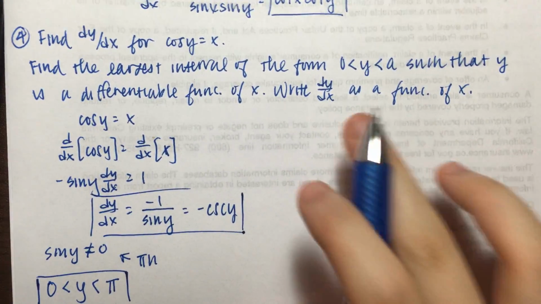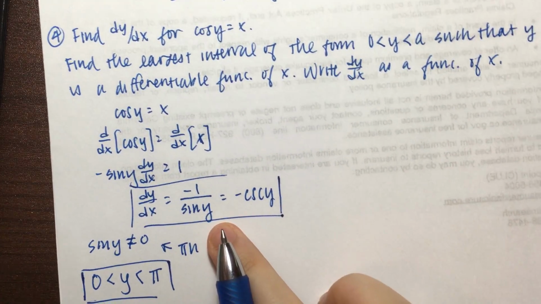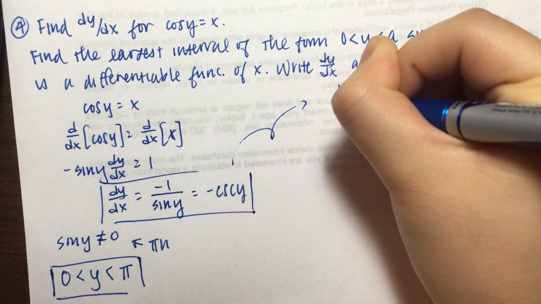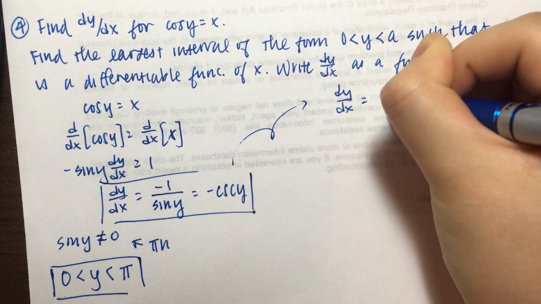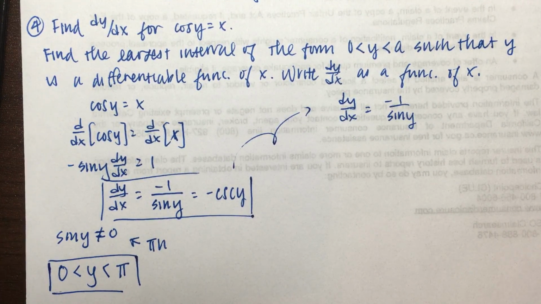Okay, now we're going to write dy/dx as a function of x, because right now it has a y in there. We have negative 1 over sine y. So how would we rewrite this as a function of x?